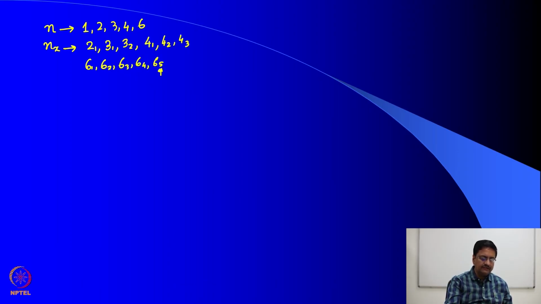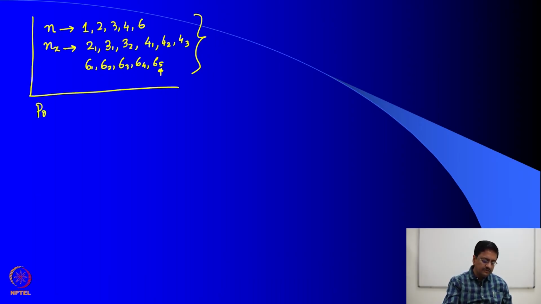Here remember this 5 means 5 by 6 translation, it is not an axis. So because of these restrictions, that there cannot be a number of symmetry axes like n equal to 5 or 8 or whatever, the total number of point groups in X-ray crystallography is restricted to 32.